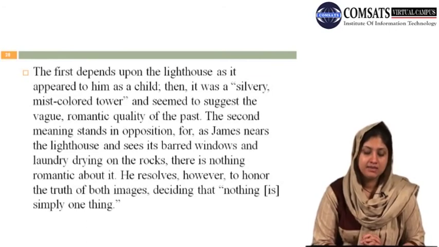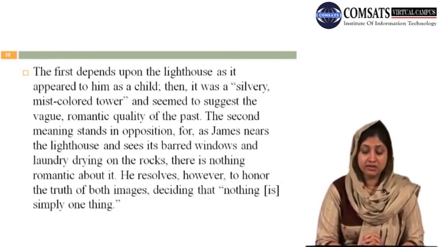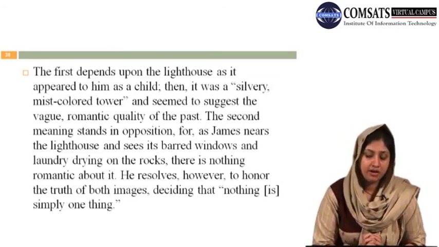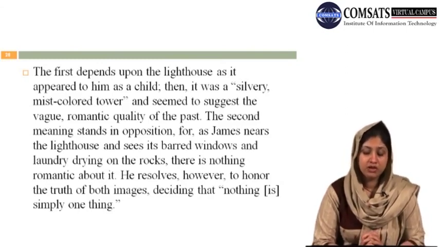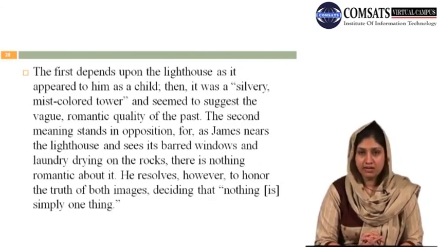The second meaning stands in opposition, for as James nears the lighthouse and sees its barred windows and laundry drying on the rocks, there is nothing romantic about it. He resolves, however, to honor the truth of both images, deciding that nothing is simply one thing.